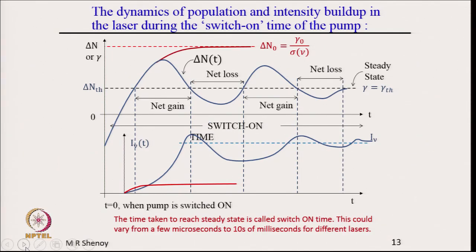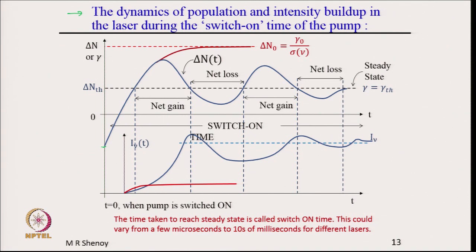Okay. So, here is what is shown, the dynamics of population. Dynamics here refers to the variation with time of population and intensity build up in the laser during the switch on time of the pump. At t equal to 0, the pump is switched on. On the y axis we have delta n, the population inversion.